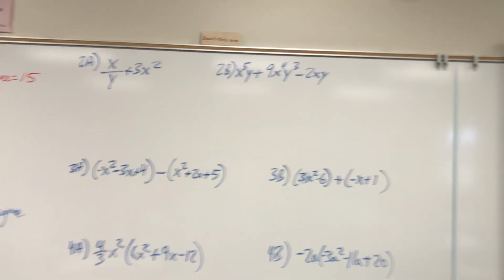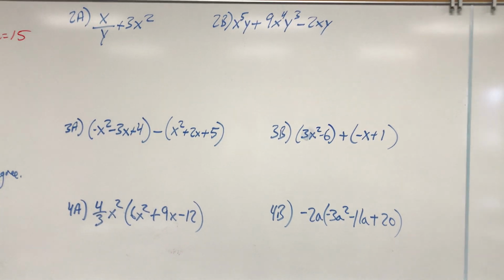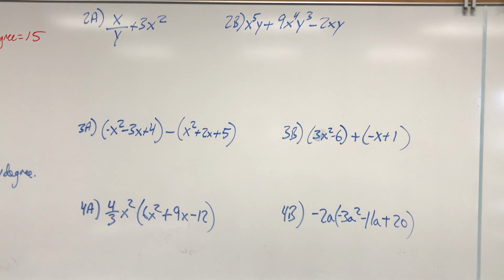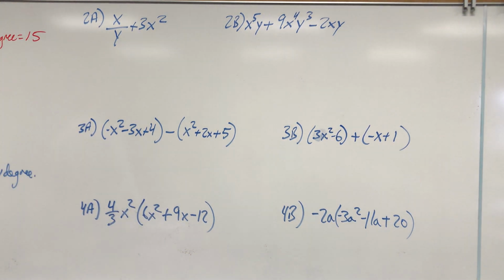Okay, well, let's do some examples. When you look at example 2a and 2b in the book, they say determine whether each expression is a polynomial or not. If it is a polynomial, state the degree of the polynomial.